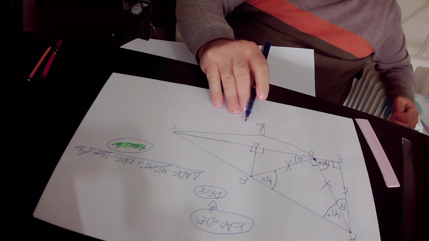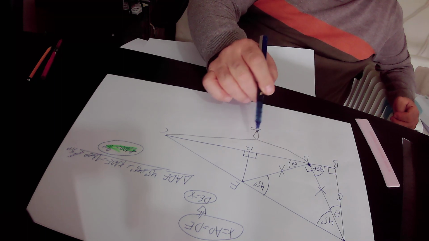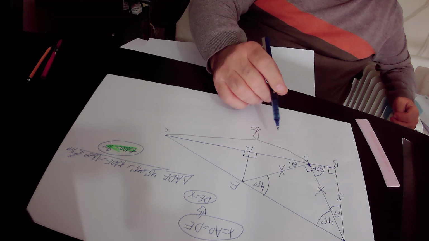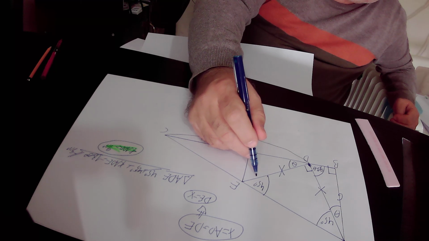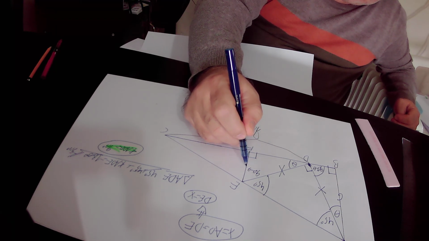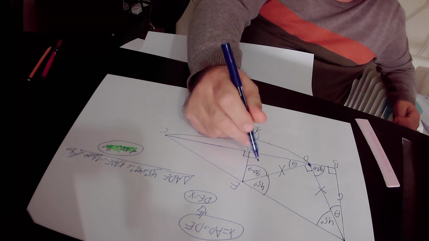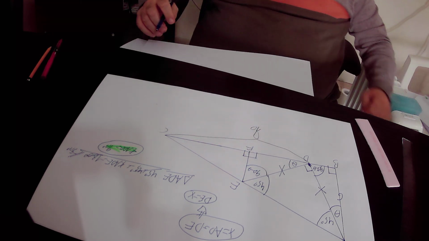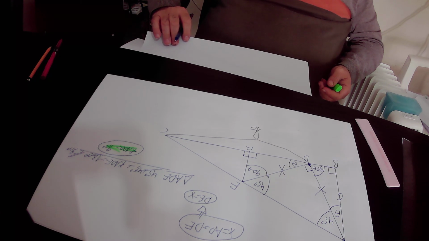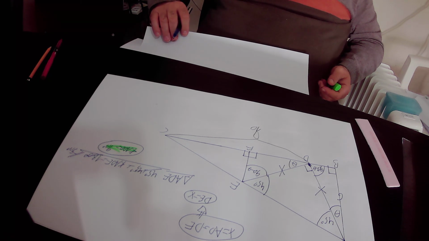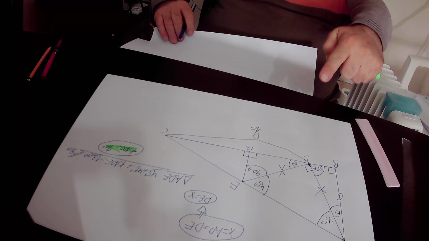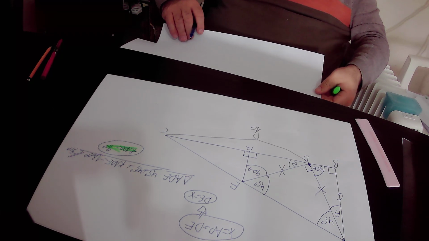So in the right triangle EDF, if this angle equals theta, then this angle must be equal to 90 degrees minus theta. Okay? So actually we found out that all the angles of the right triangle ABD are equal to all the angles of the right triangle EDF.